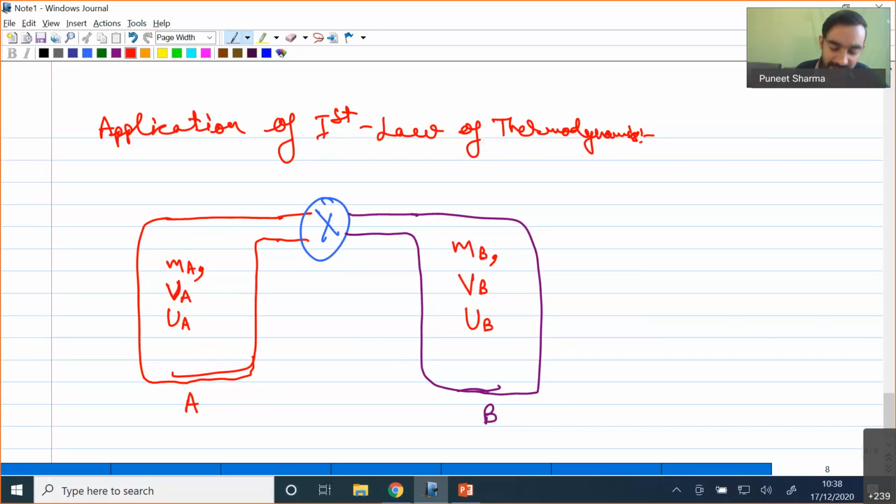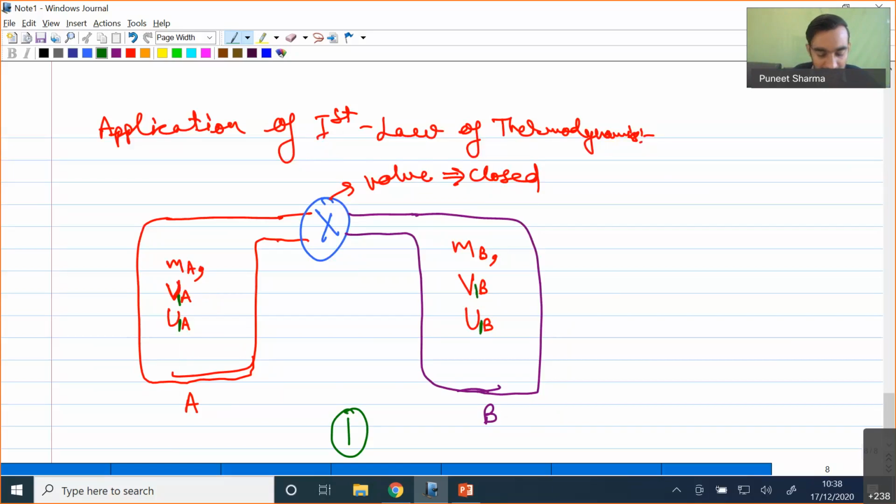Initially, the valve between these two containers is in the closed position. Let us call this thermodynamic state state 1. So while specifying internal energy, I'll write U1A and U1B, and similarly V1A and V1B for the volume.